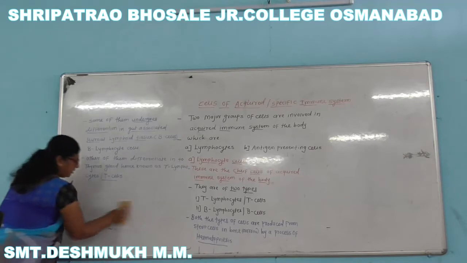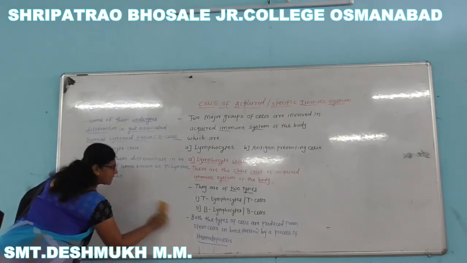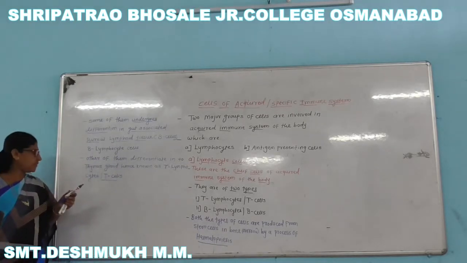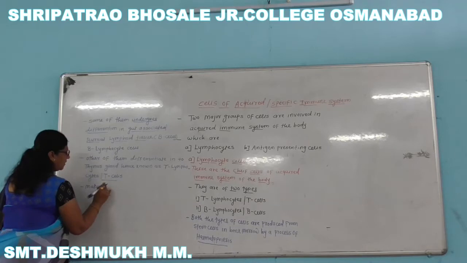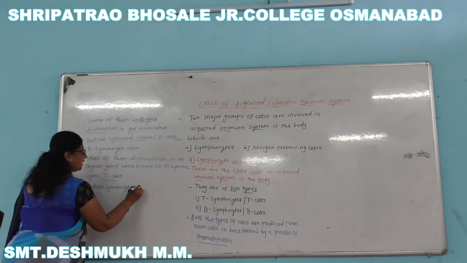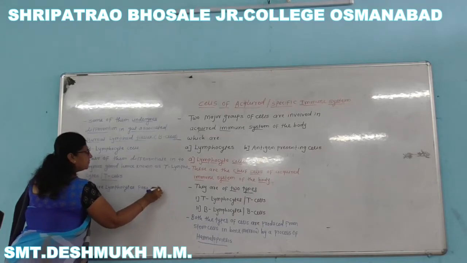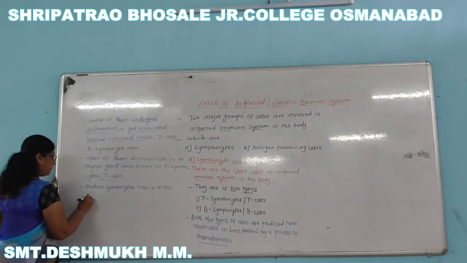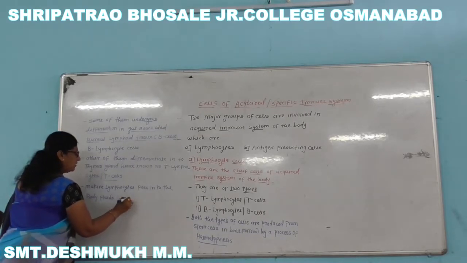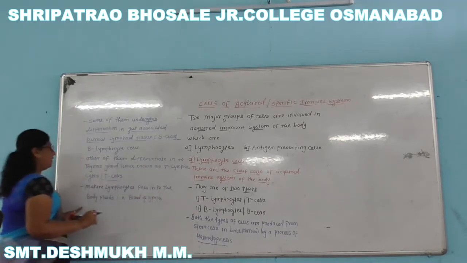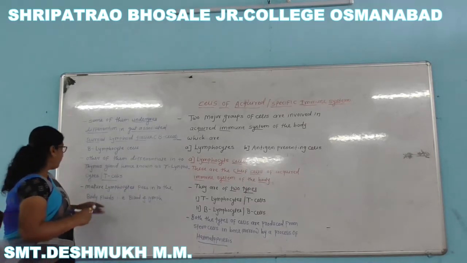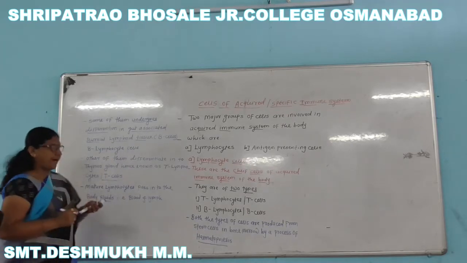Then the mature lymphocyte cells pass into the body fluids, that is the blood and lymph.